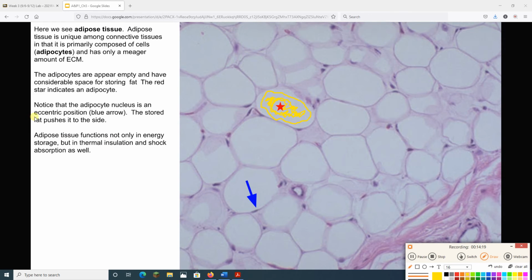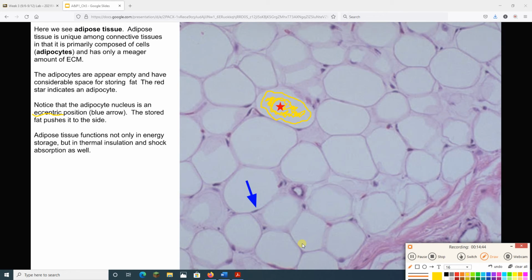It is in what is called an eccentric position. Eccentric means away from the center. The fat droplet actually pushes the nucleus off to the side. So I might see the nucleus tucked to the side, or depending on my view, the angle I have, I might not see the nucleus at all. Okay.